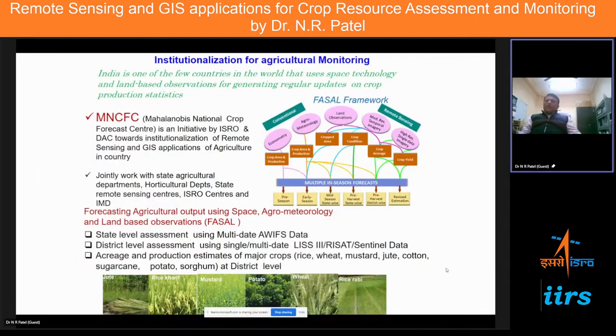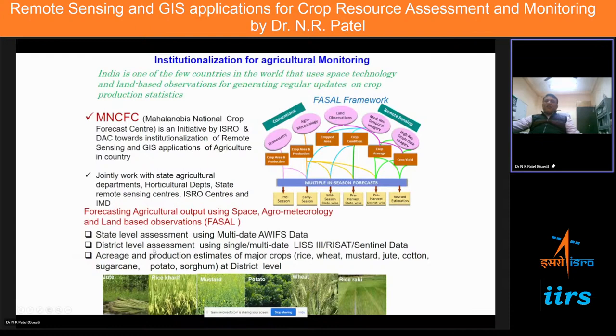For operational monitoring of agriculture, we have one institute called the Mahalanobis National Crop Forecast Centre. This center is mandated to provide regular updates on crop statistics at district level and state level. At state level, they give advance estimates.